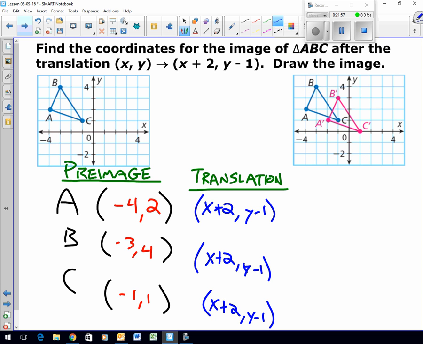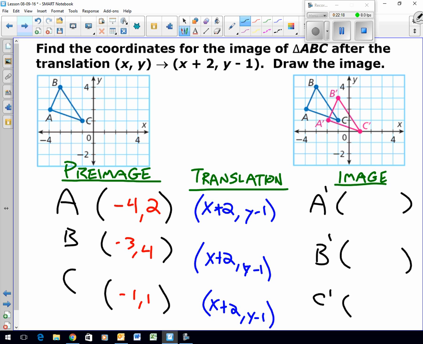Then I get my image over here. My image is my post, or prime, coordinate points for my 3 points.